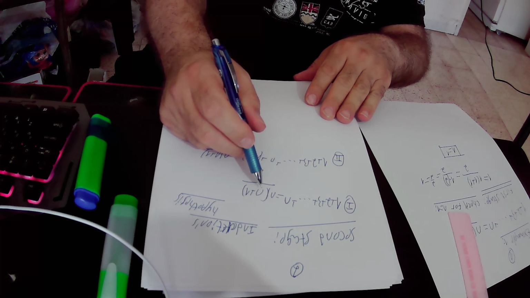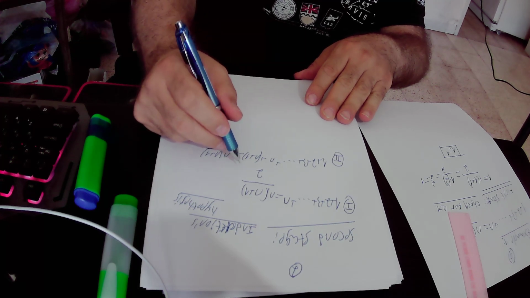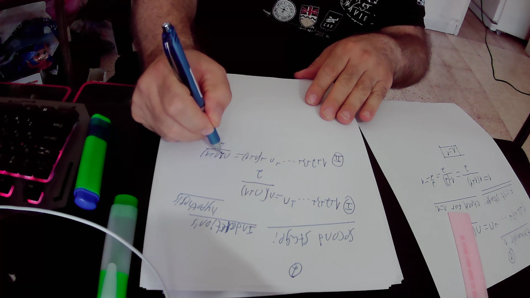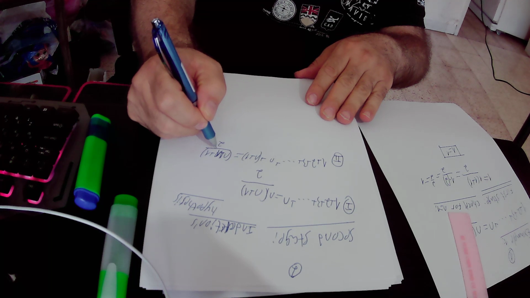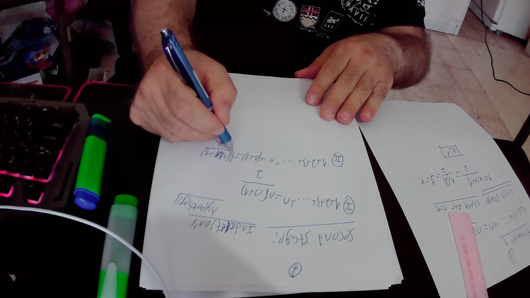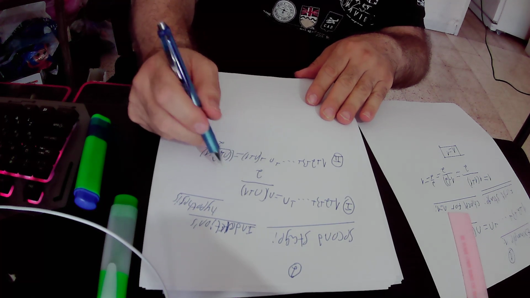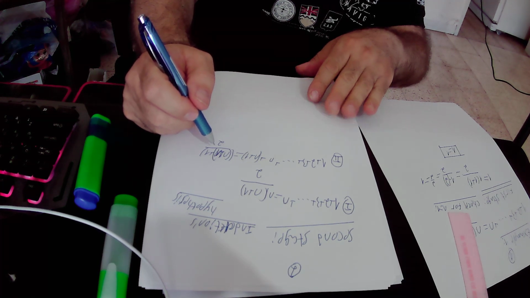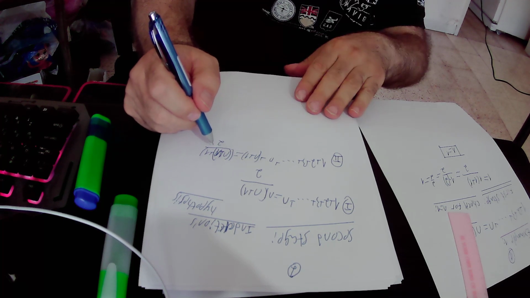We have n times n plus 1 divided by 2. So wherever is written n, we will write n plus 1, because we want the expression for n plus 1. So it will be n plus 1 times n plus 1 plus 1, all divided by 2.